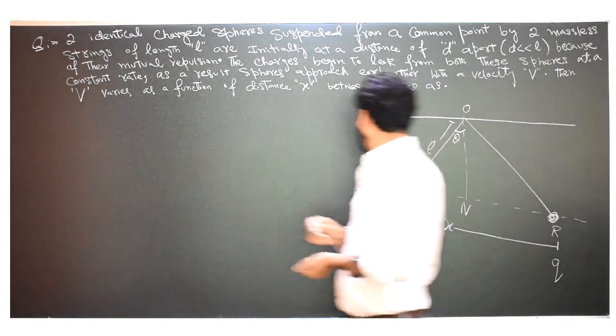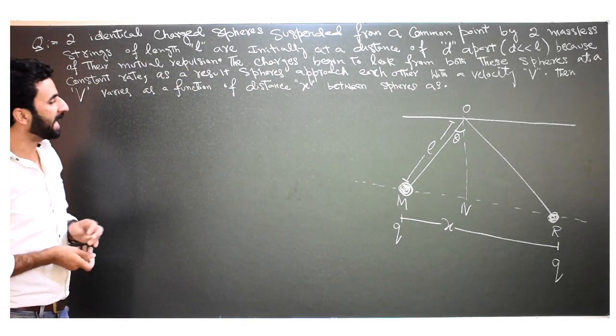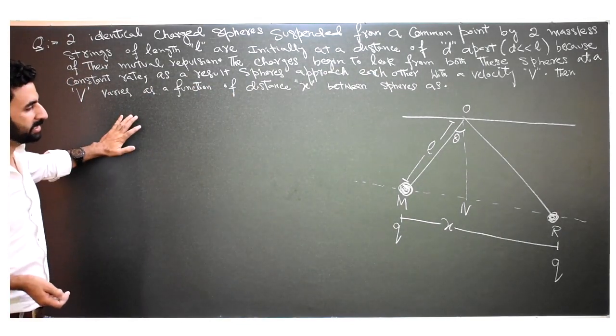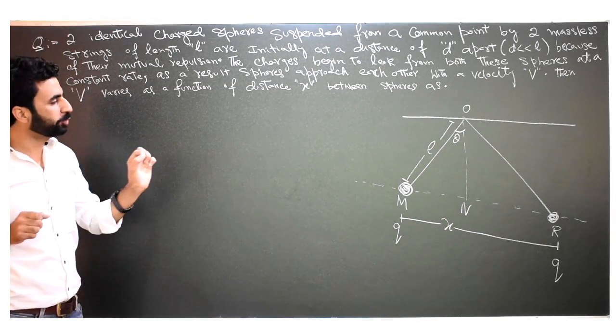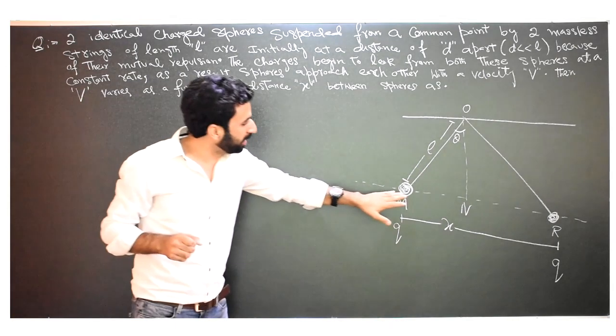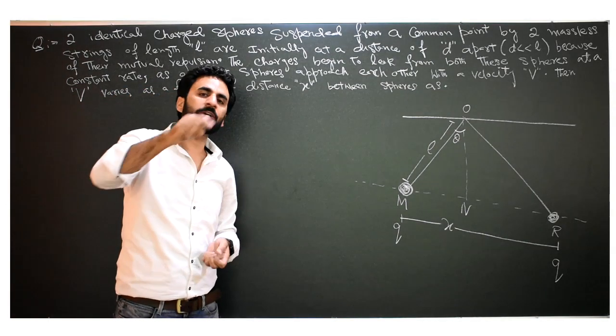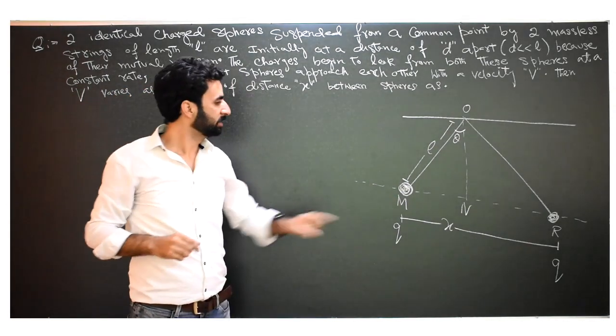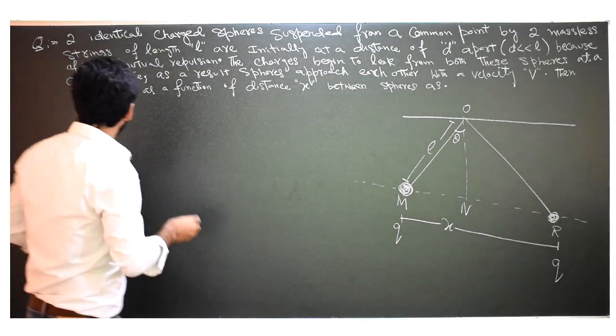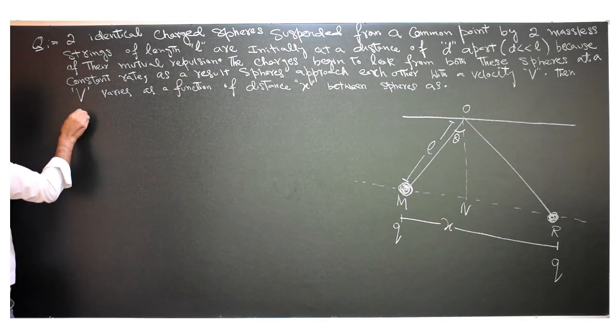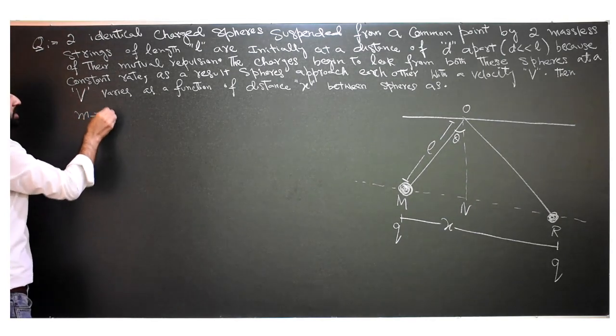We have to find the relation between v and x. For that purpose, the first thing we need to do is take one particular charge and look at what forces are acting on it. Suppose m is the mass of each charge.